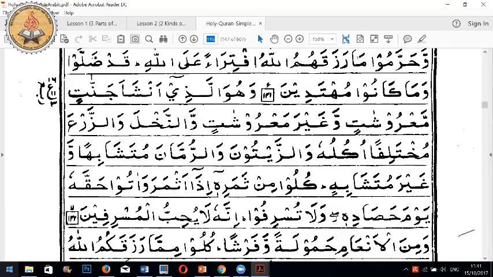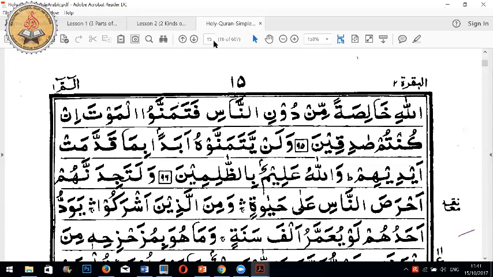So if I say today is the 15th, page number 15, and I like to identify: Allah, yes, definitely an ism.